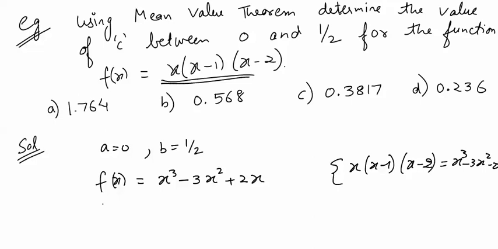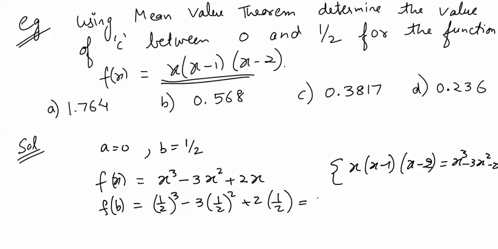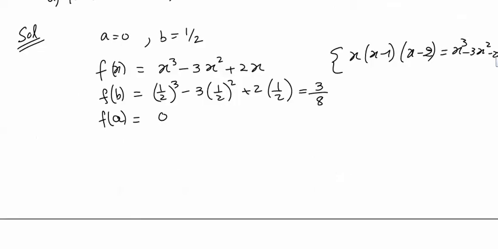So what will be f of b? f of b would be (1 by 2) cube minus 3 into (1 by 2) square plus 2 into 1 by 2. If you solve, this will come out to be 3 by 8. And f of a is f of 0, so it will be 0 only.